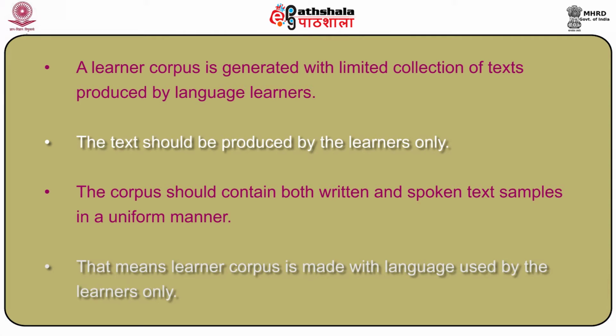That means a learner corpus is made with language used by the learners only and nobody else. If we create such a corpus, we should definitely concentrate on systematic collections of text written and spoken by learners.